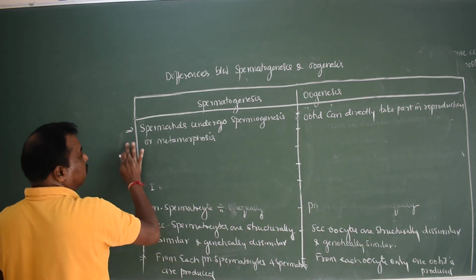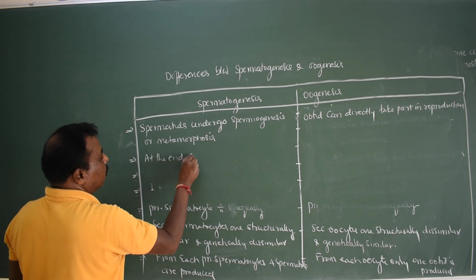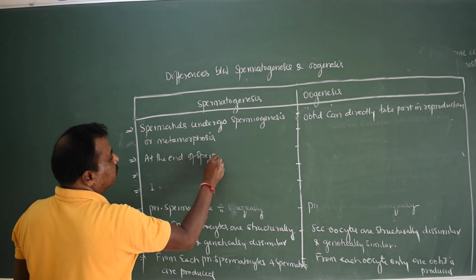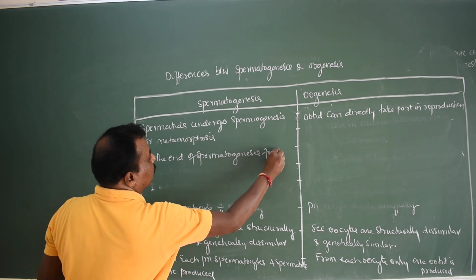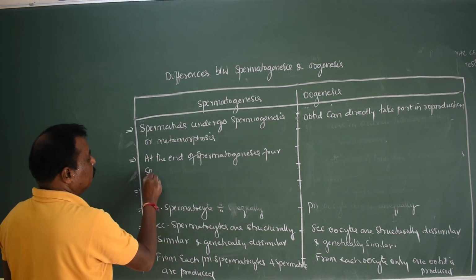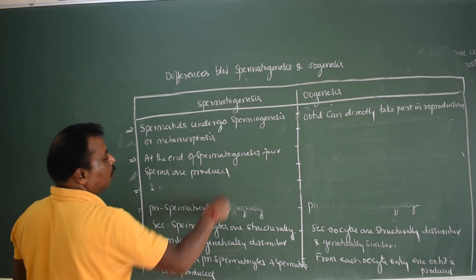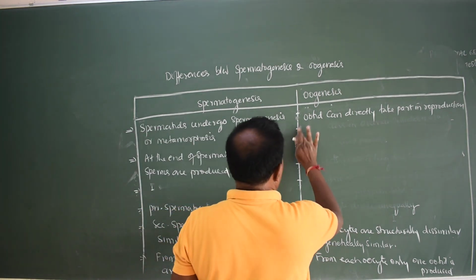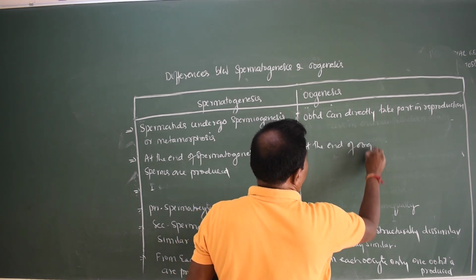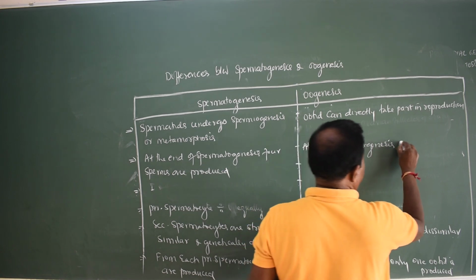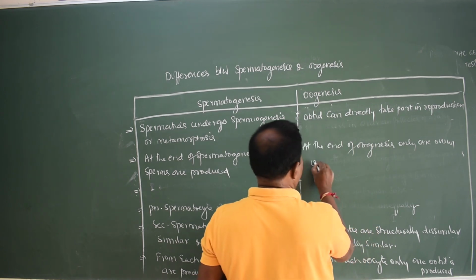And one more difference: at the end of spermatogenesis, four sperms are produced. At the end of oogenesis, only one ovum is produced.